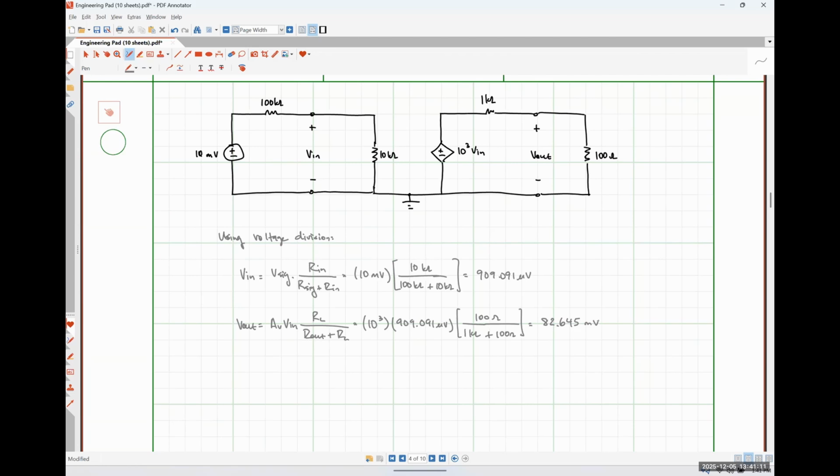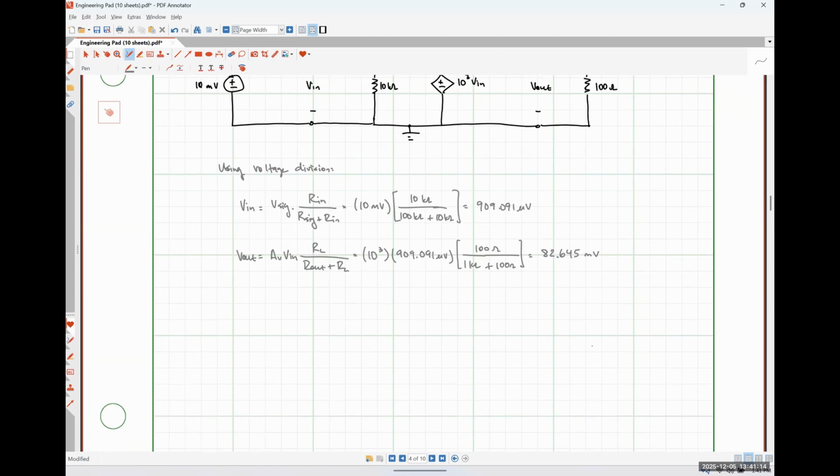Let's see what our overall system gain is really quickly. So A system in this case, still just going to be V out over V sig. So that's going to be 82.645 millivolts divided by 10 millivolts gives me a voltage gain of 8.265.